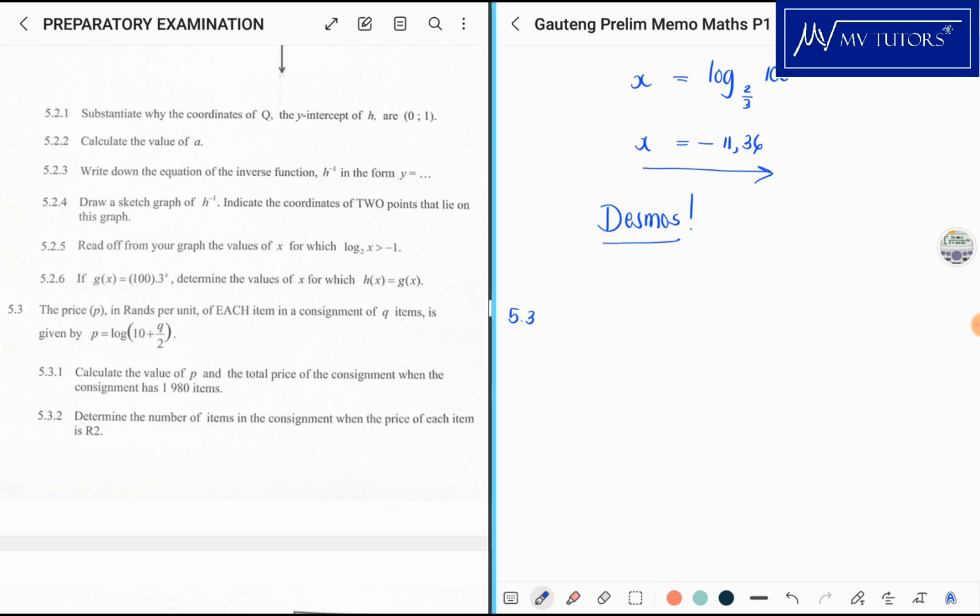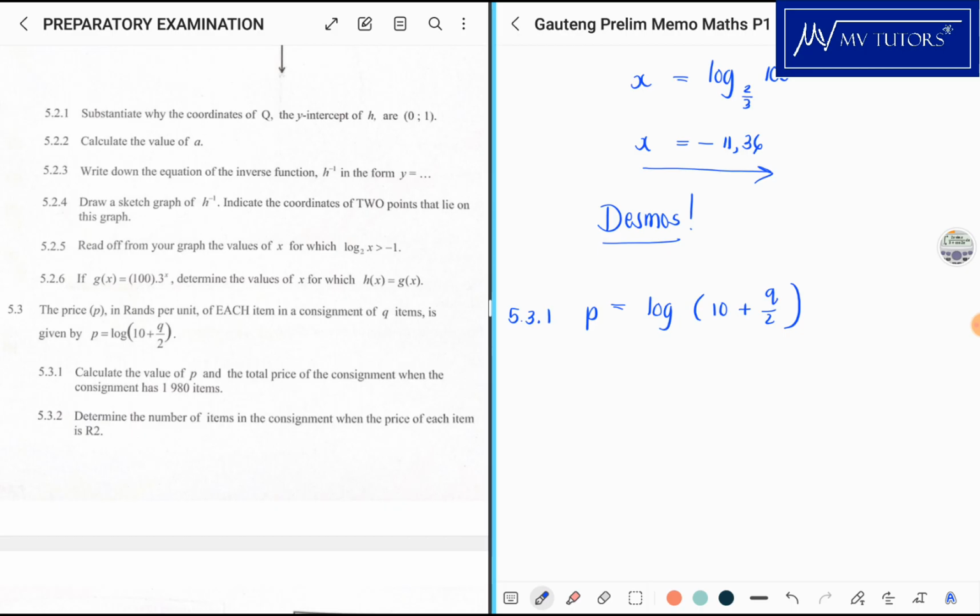Now 5.3.1 says calculate the value of P and the total price of the consignment when the consignment has 1,980 items. All right, so P is equal to log, 10 plus Q over 2.